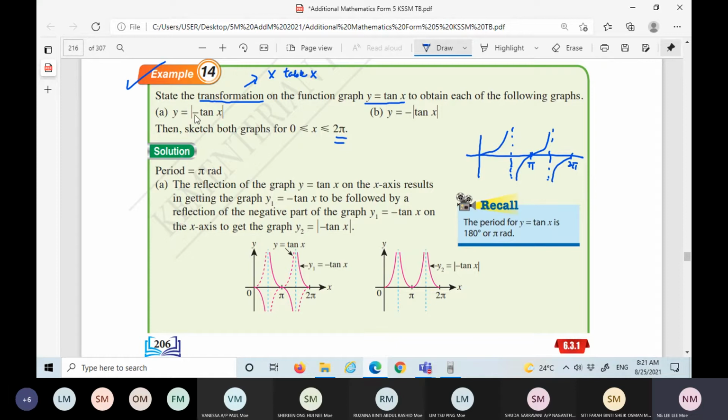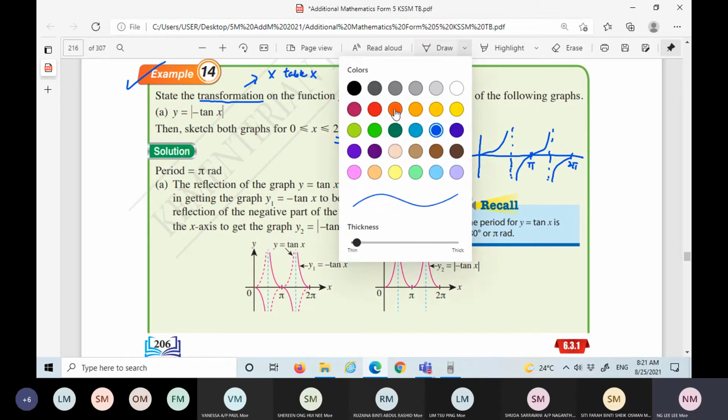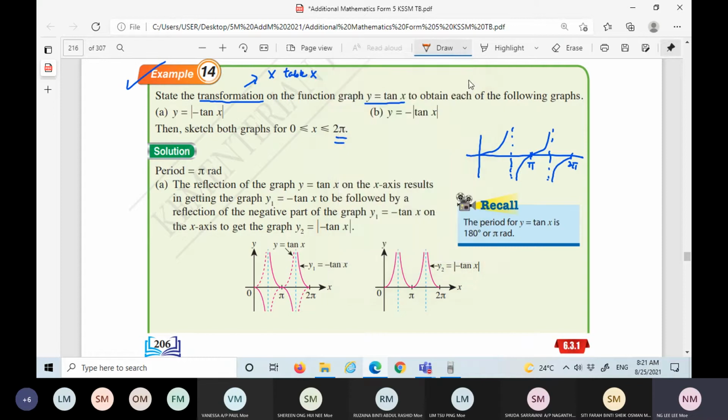Okay, next, on top of this tangent x, do step by step. I see the negative tangent x first. The positive one will come to the negative, then the negative one will come to the positive.